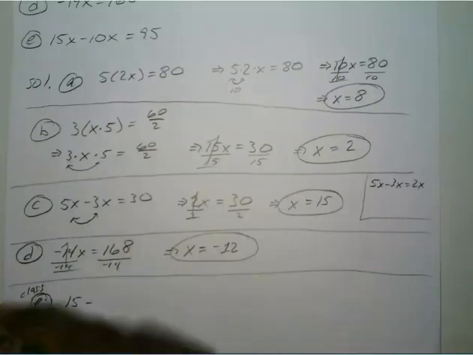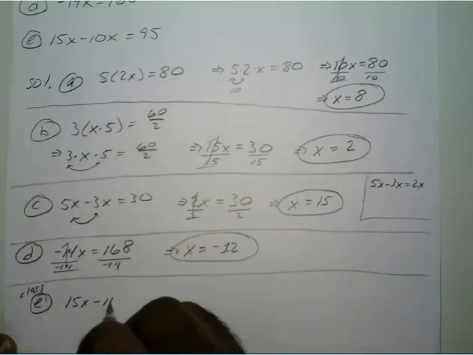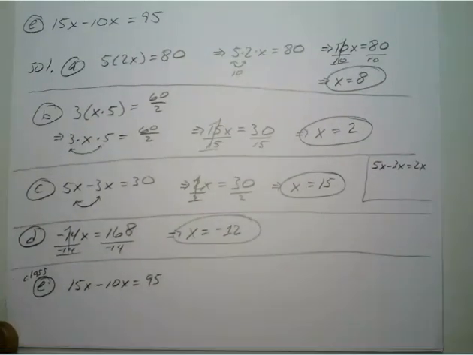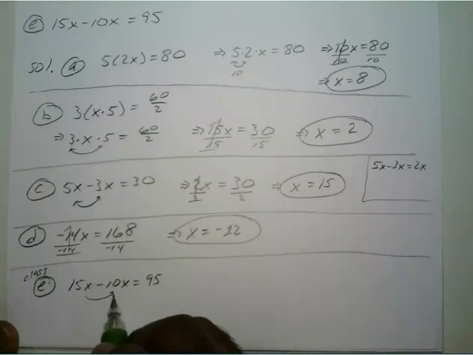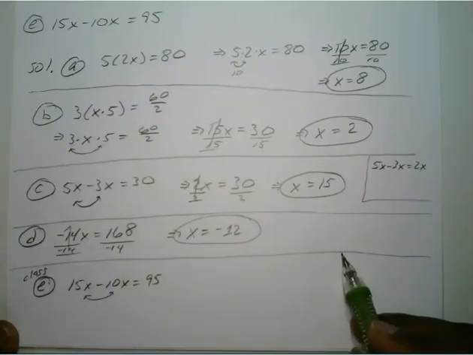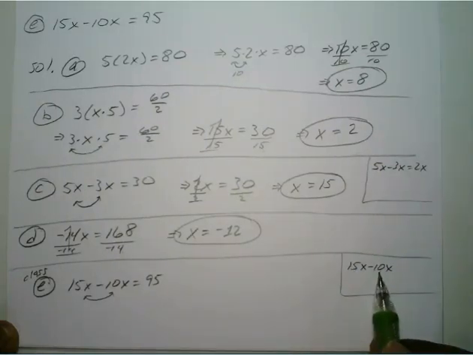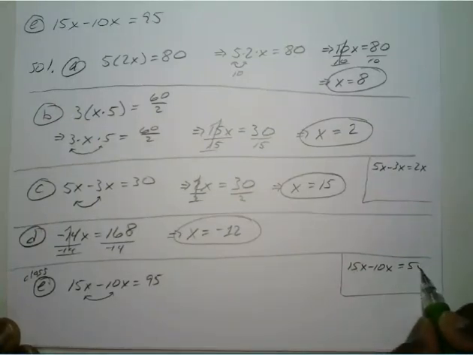So 15x minus 10x equals 95. Okay. So if we combine our like terms, we can combine 15x minus 10x. Since we know 15 minus 10 is 5, 15x minus 10x is 5x.